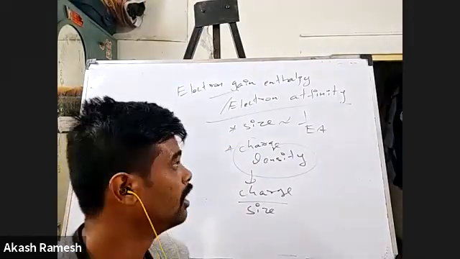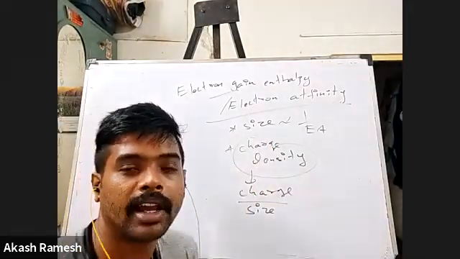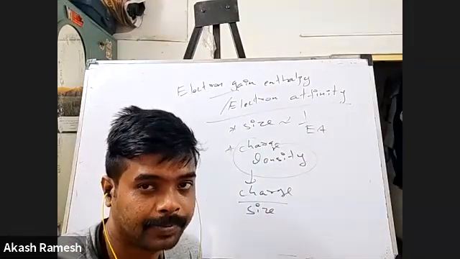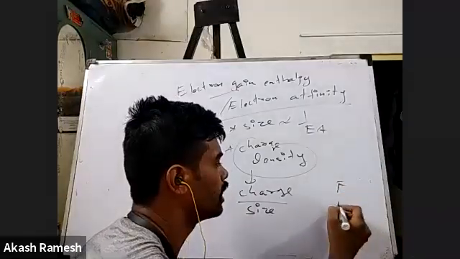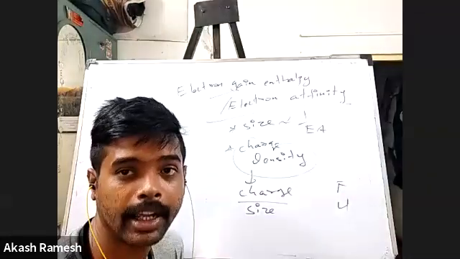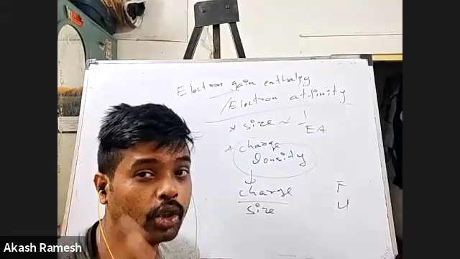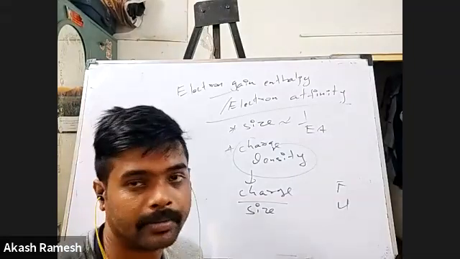Okay, fine. So what will happen is, even though sometimes the size is smaller, for example, I'll take fluorine and chlorine. Now think and tell me, which do you think is going to have higher electron gain enthalpy, fluorine or chlorine?